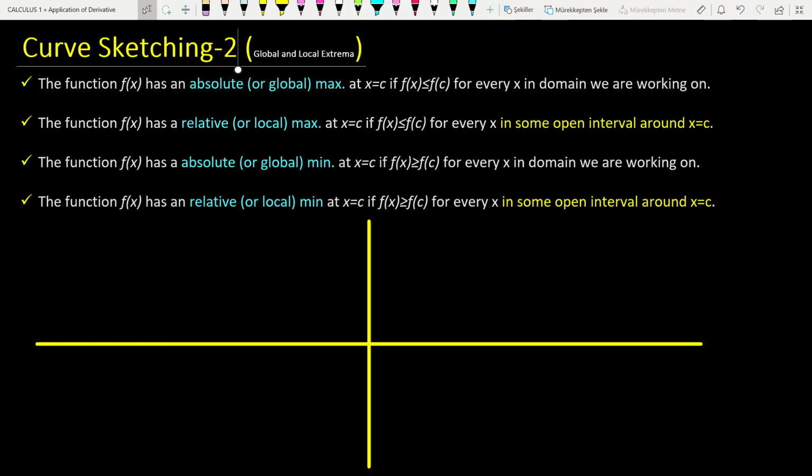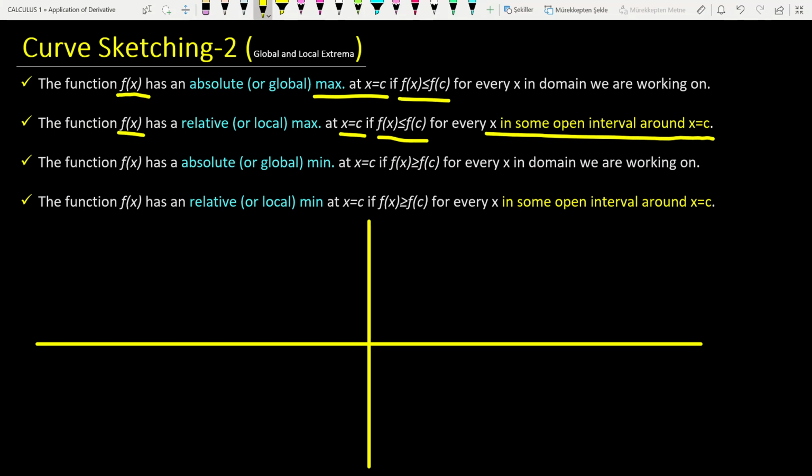So let's look at these four definitions. We say f of x has an absolute or global maximum point at the point c if f of x is equal or smaller than f of c for each x in our domain. We say that the function has a relative or local maximum at the point c if the function is equal or smaller than f of c for each x in some open interval around c.